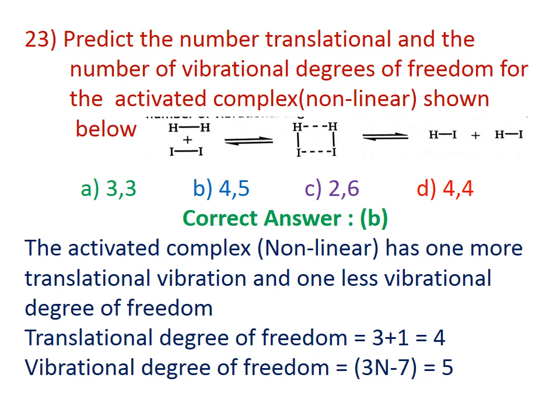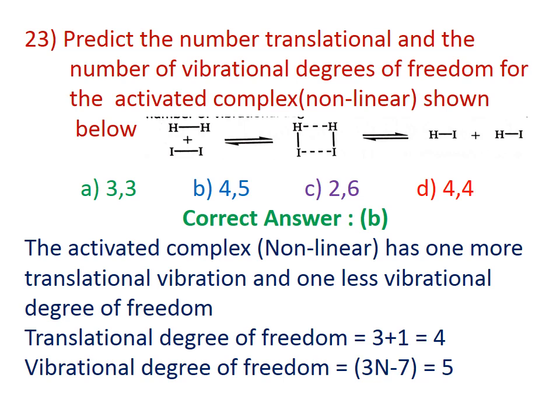23. Predict the number of translational and number of vibrational degrees of freedom for the activated complex, which is linear as shown below. H2 plus I2 will give 2HI. And here the activated complex is non-linear. You know very well the activated complex has one more translational degree and one less vibrational degree.